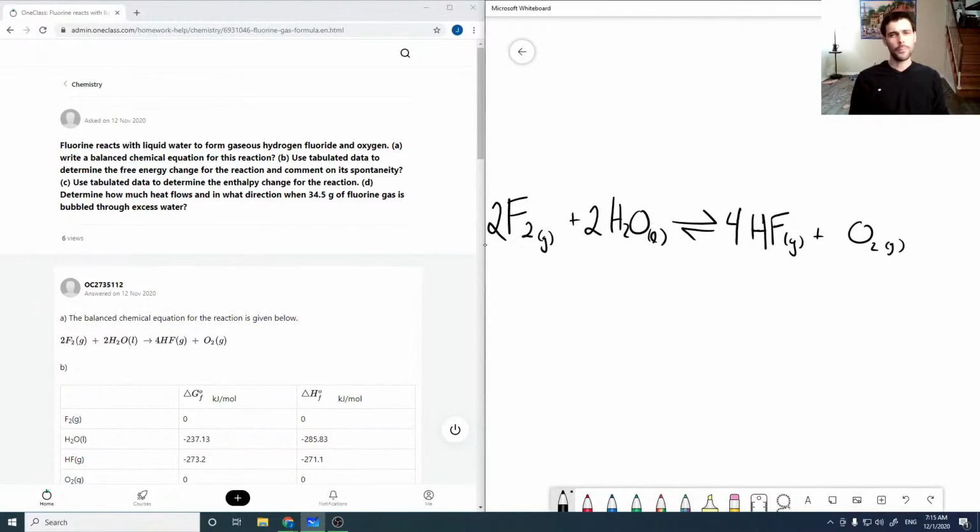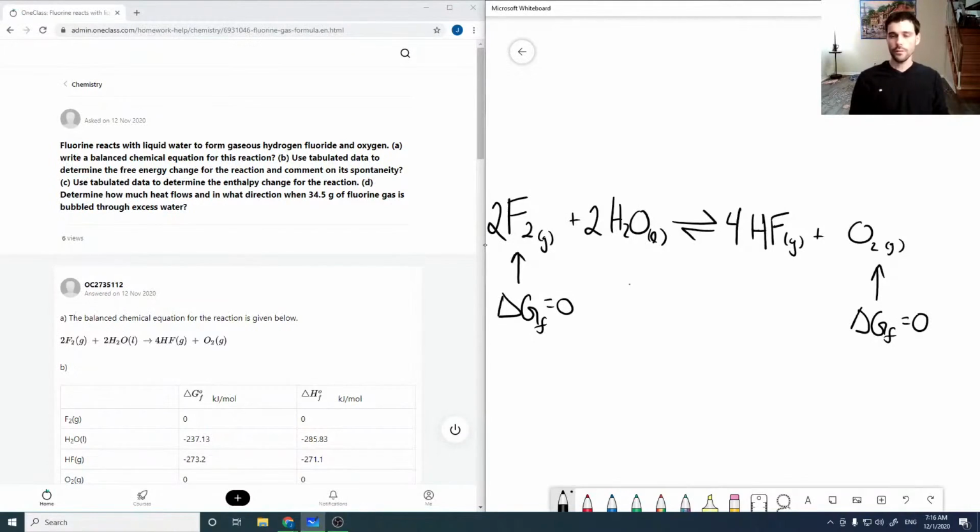Okay. And then use tabulated data to determine the free energy change for the reaction. Okay, so fluorine gas is in its standard state, so our delta G of formation is 0. Oxygen gas is also in its standard state, so that's delta GF is 0.